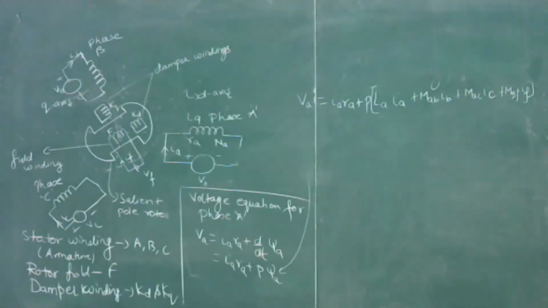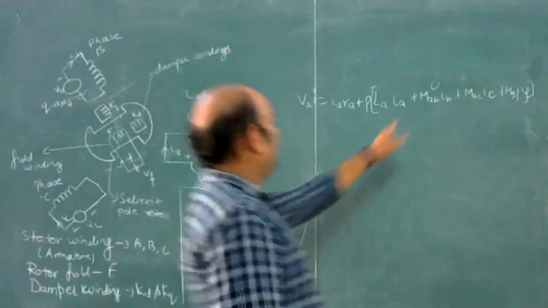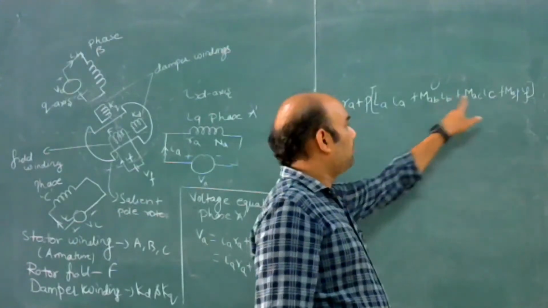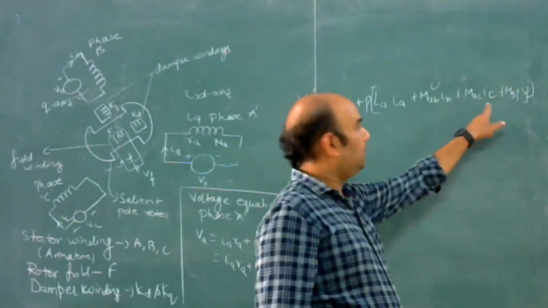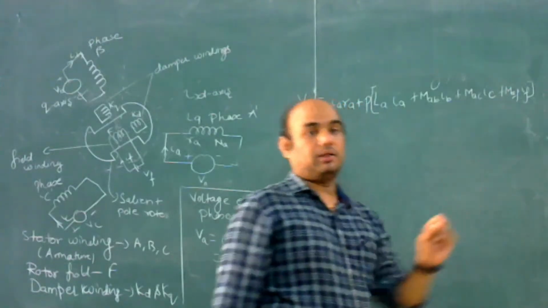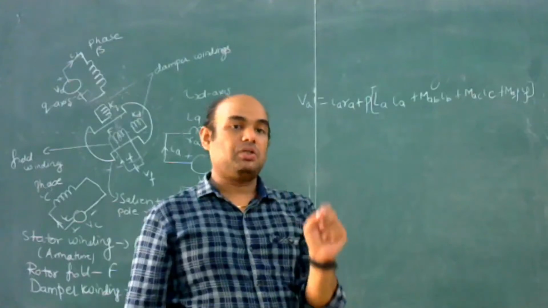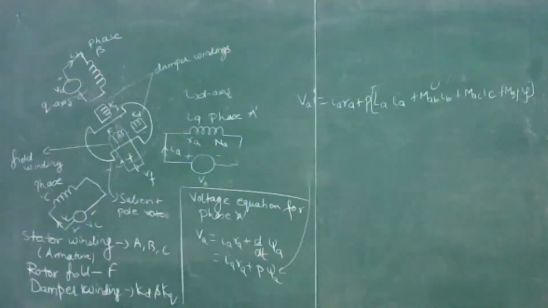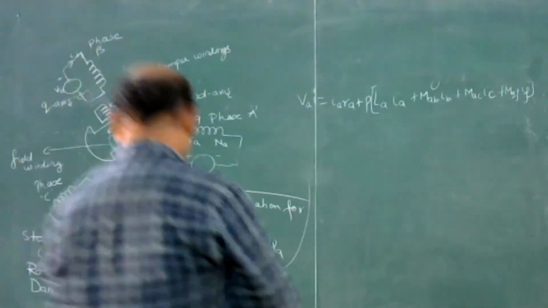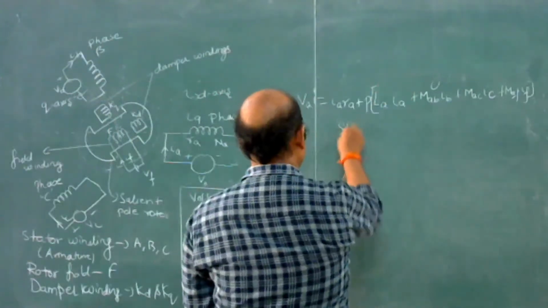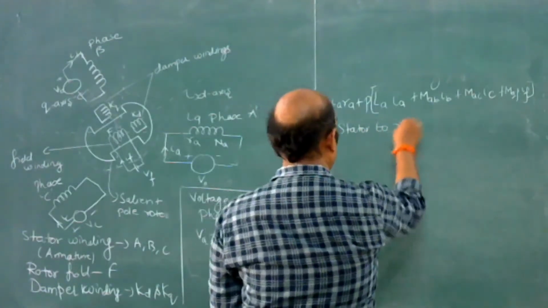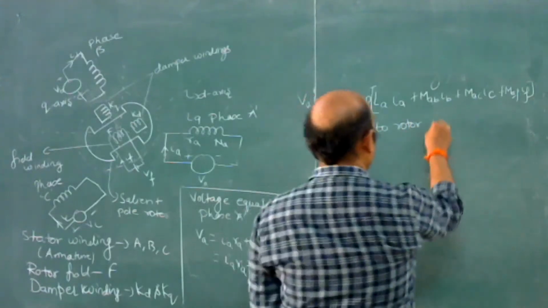So yesterday we had derived the values of MAB, the mutual inductance between phase A and B, the mutual inductance between phase A and C, and the mutual inductance between the armature and field winding, that is, stator and rotor winding.